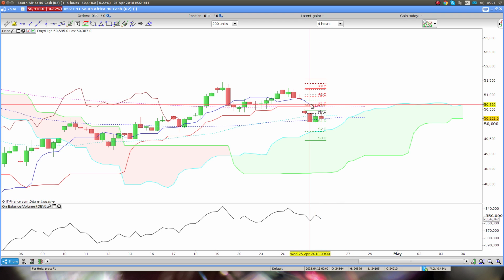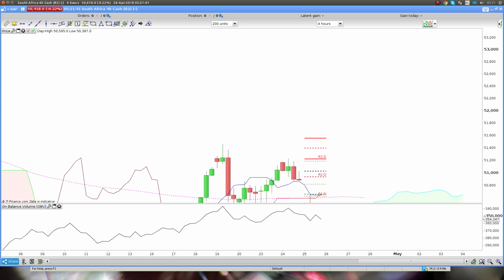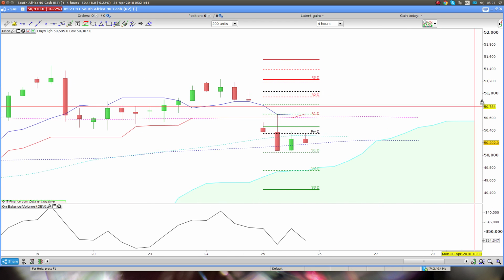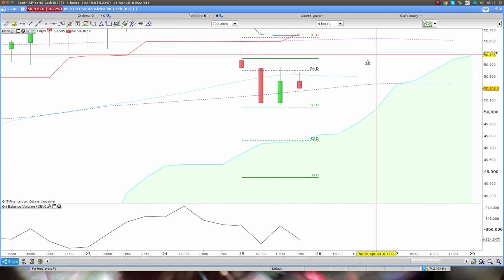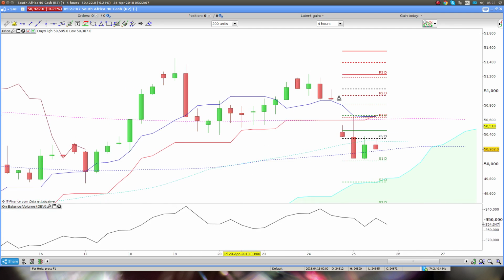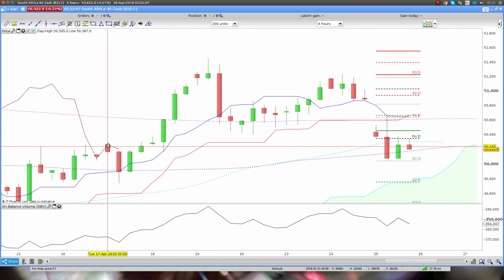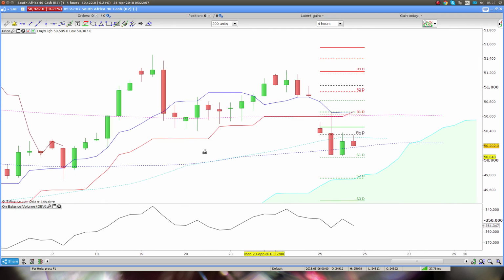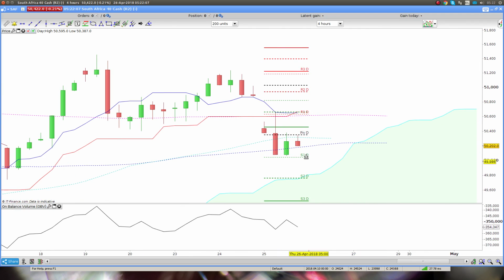So this may be seen as a crossover. So if Tenkan-sen stays above Kijun-sen here, okay, so got to zoom in. So we've got a bearish crossover. So if we recross back over, that gives us a bullish signal, and a bullish crossover above the cloud with Chikou span above price is extremely bullish, which gives you continuation.